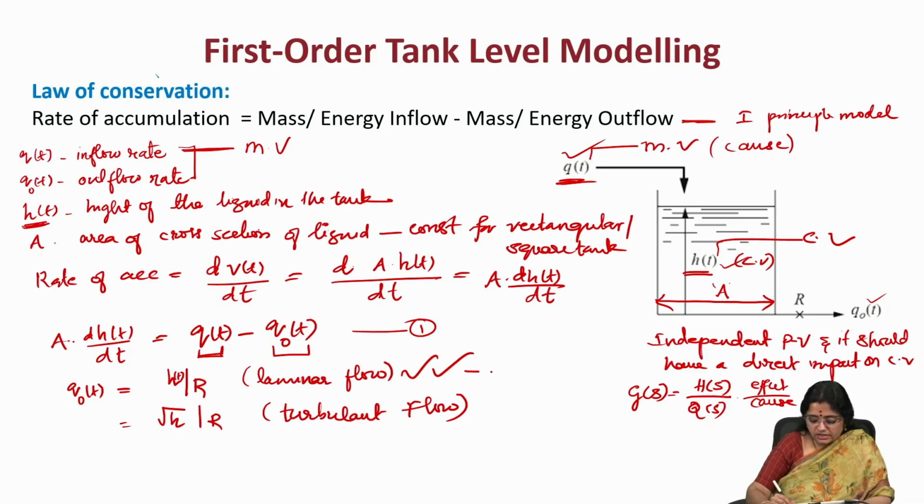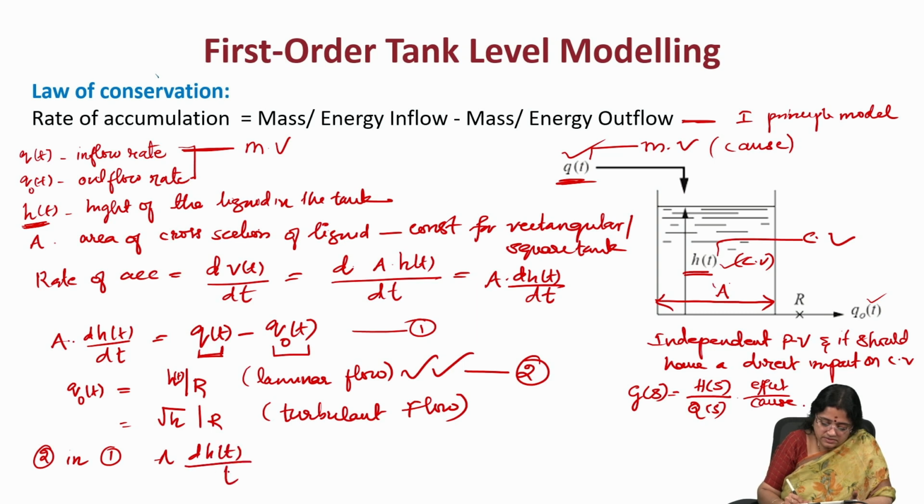So we will express Q naught of t as H of t by R. I will be substituting 2 in 1. Equation 1 becomes A dH of t by dt is equal to Q of t minus H of t by R.